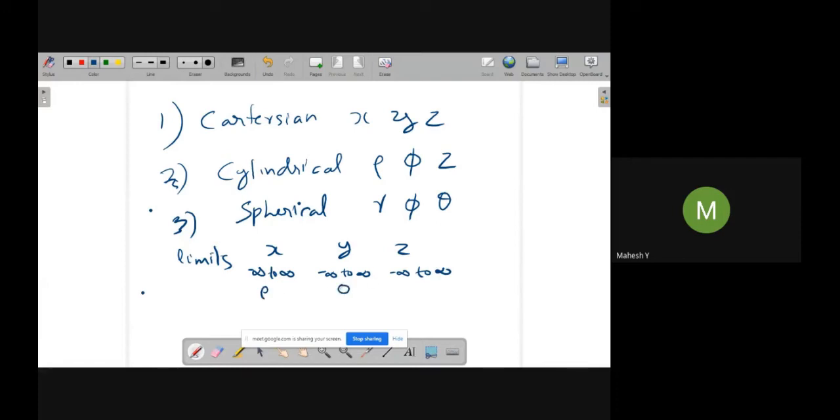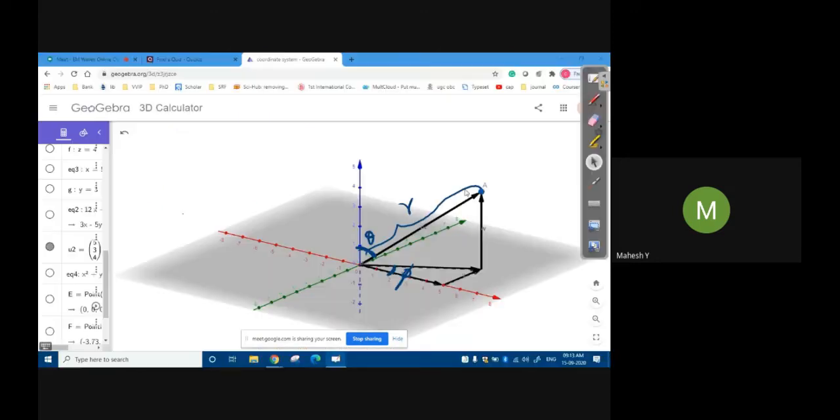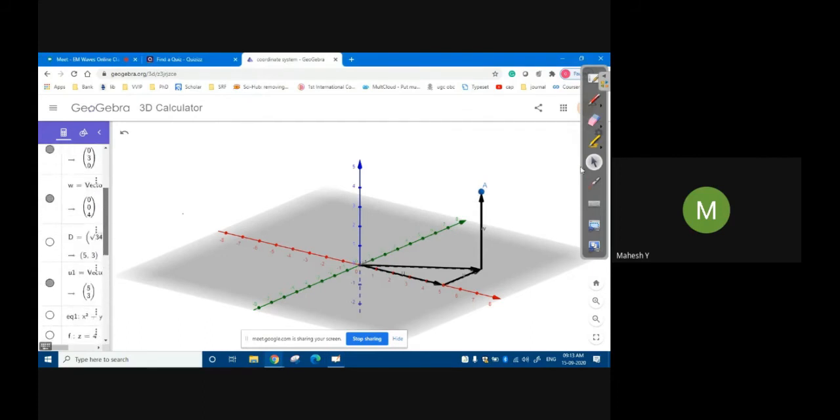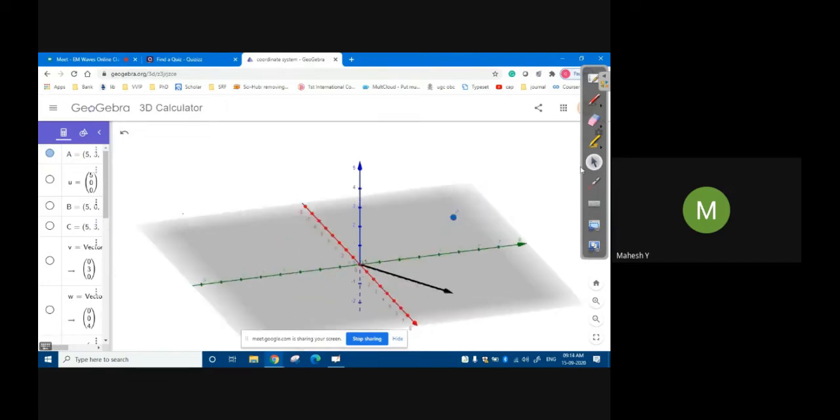What is that? Rho, phi, z. So what are the minimum values for rho, phi, and z? I will show the simulation again. Let me consider rho alone. Okay, this is rho.